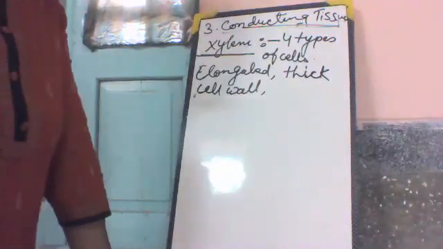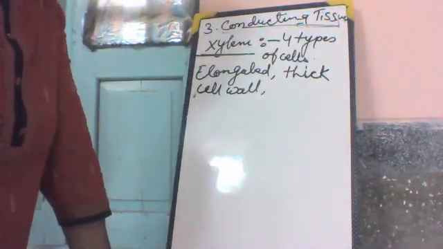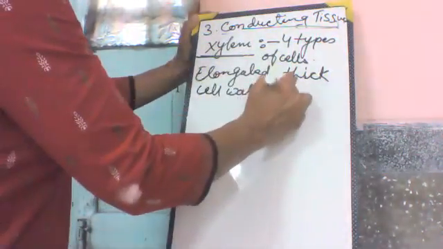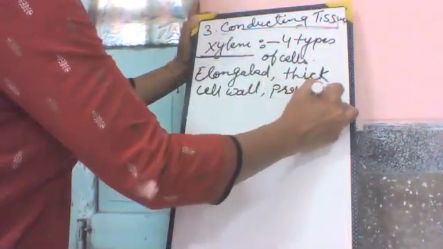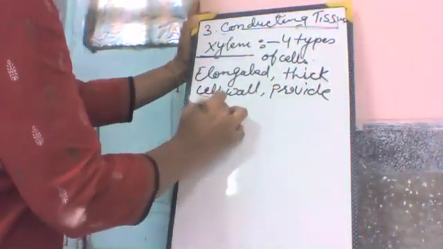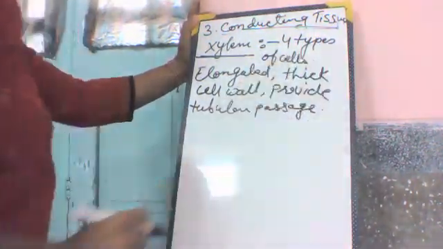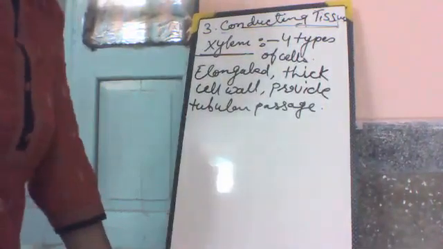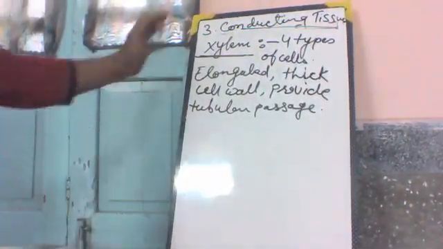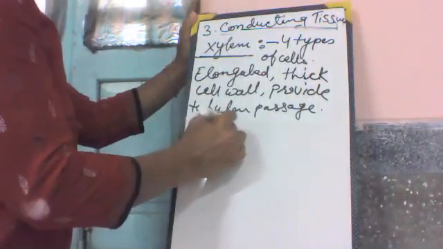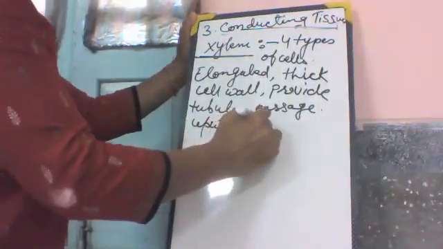The nature of xylem cells: they are elongated, they have thick cell walls and provide a tubular passage to transport water and minerals. They are responsible for upward movement.